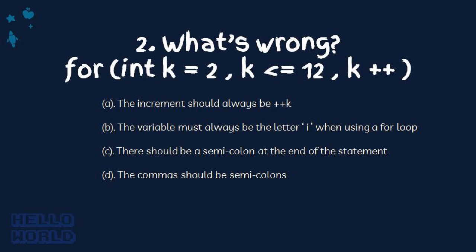Option B, the variable must always be the letter i when using a for loop. Option C, there should be a semicolon at the end of the statement. Option D, the commas should be semicolons. The answer is option D. The commas should be semicolons.